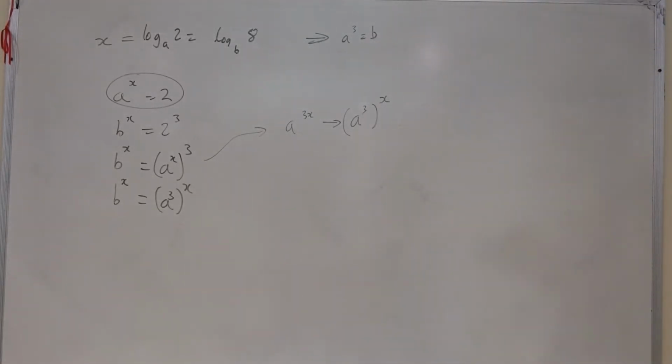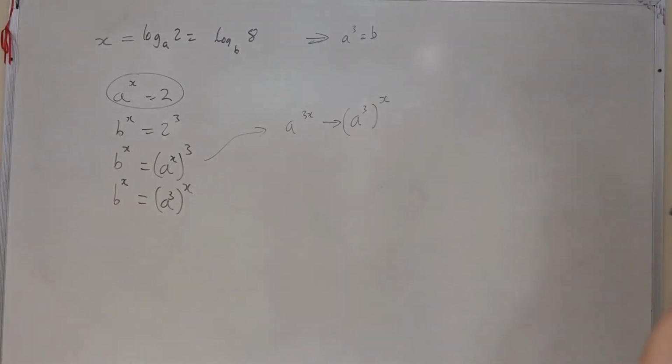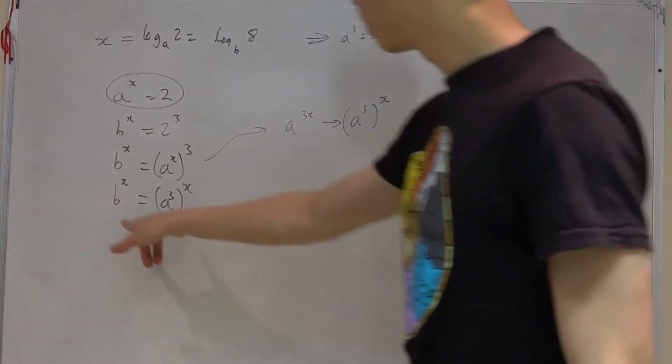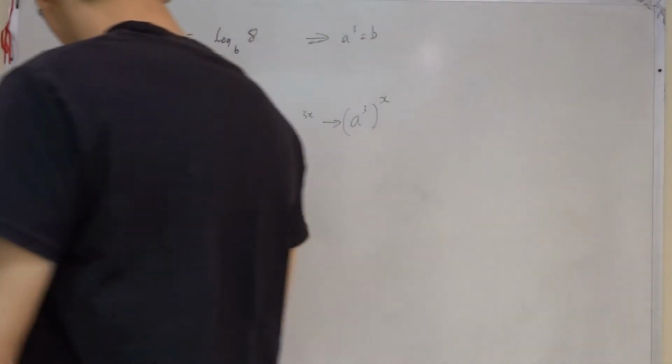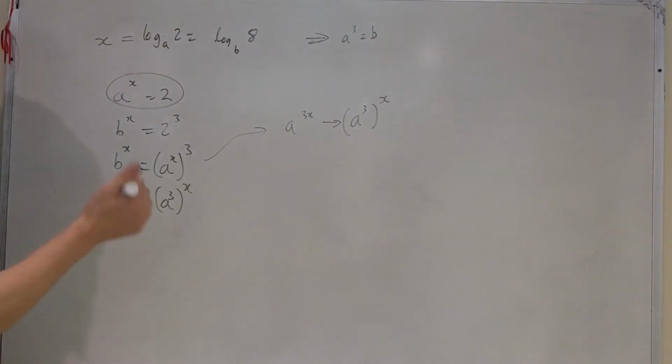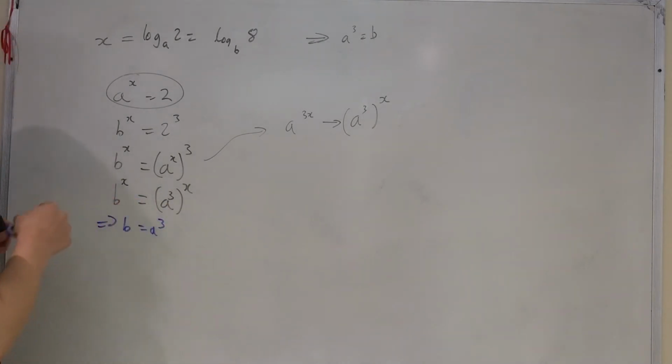The problem is immediately solved due to injectivity. You take two numbers and you raise them to the same power, and now you know that the bases are the same. Are the bases necessarily the same? And the answer is yes, they have to be. So now we can simply state that, therefore, B is equal to A cubed.